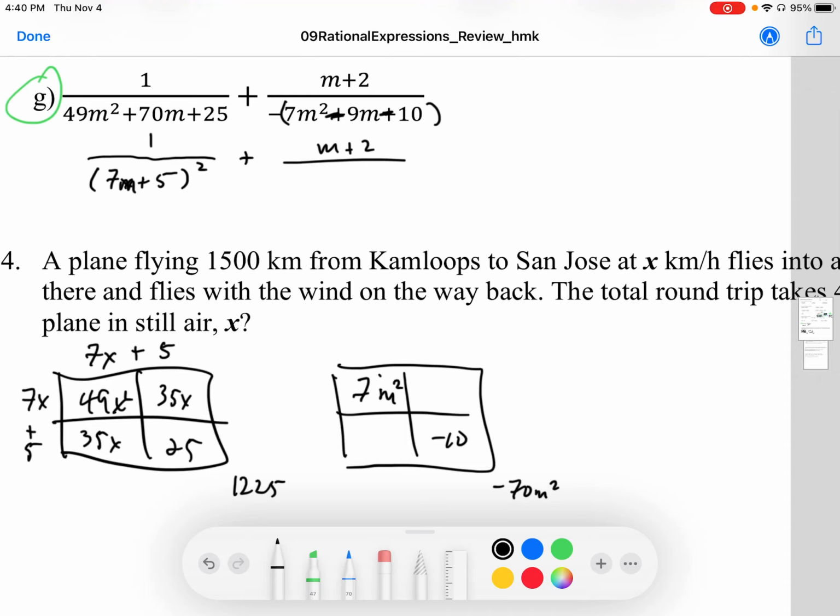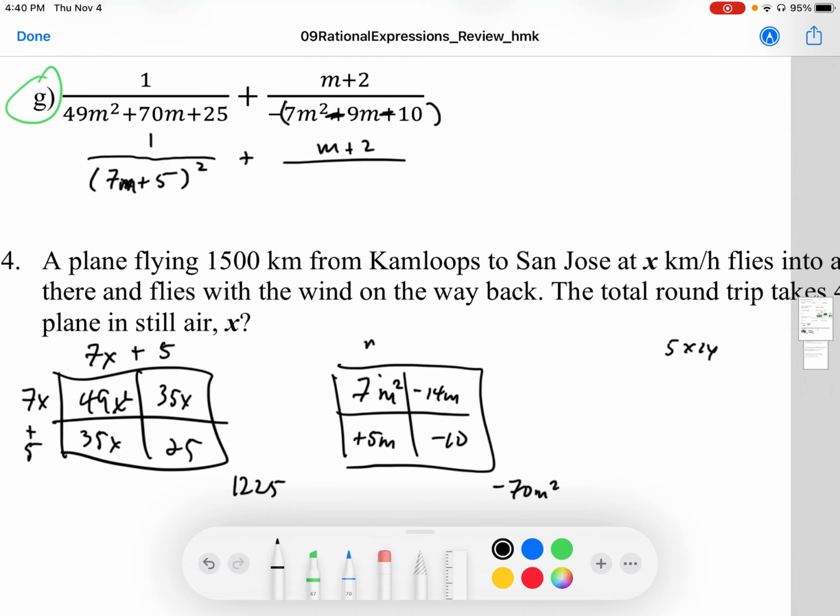So the numbers that multiply to 70, we have 7 times 10, that doesn't have a difference of 9. The other factors I can think of are 5 times 11. That's going to give me the 70 and have a difference of 9, so I'm going to have negative 14m, positive 5m.